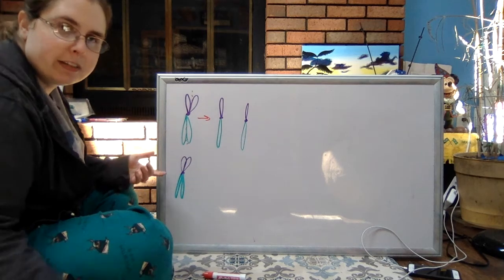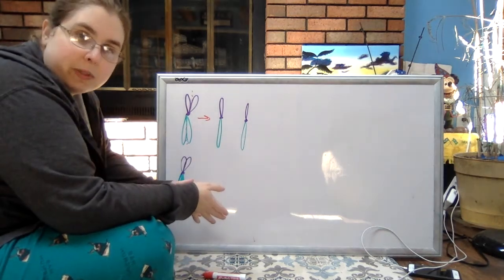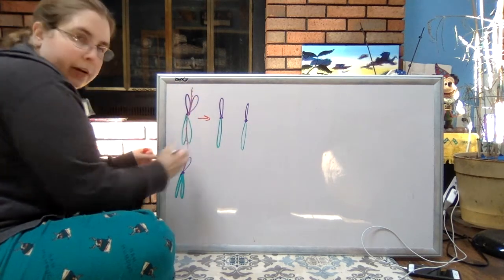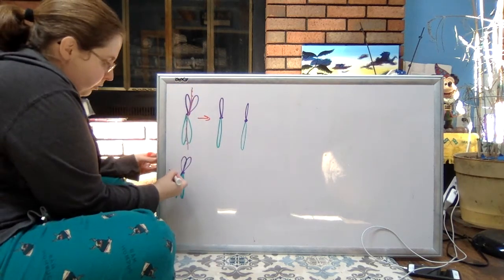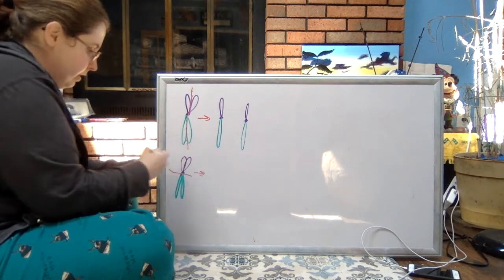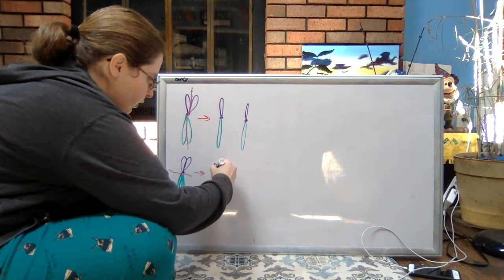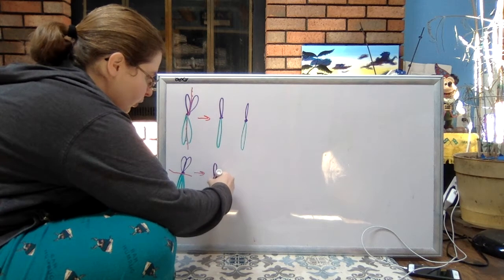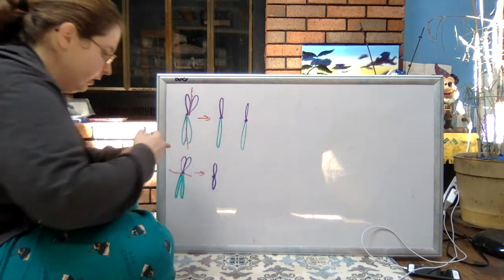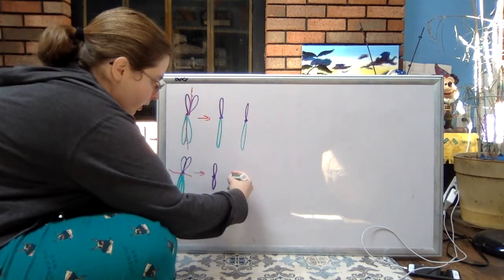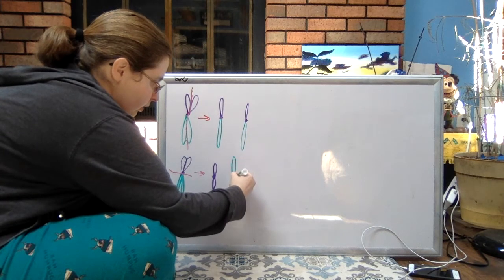For whatever reason, maybe the spindle fiber is attached to it incorrectly, and instead of splitting down the middle like that, it instead splits this way. And what you're left with is two short arms together and the two long arms together.